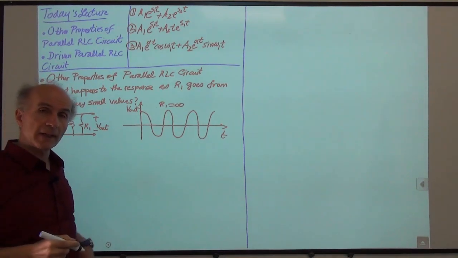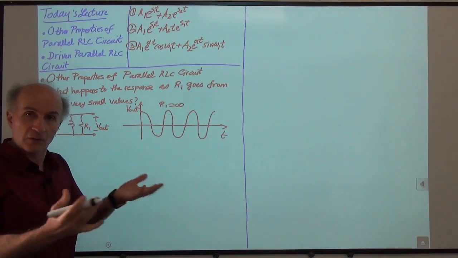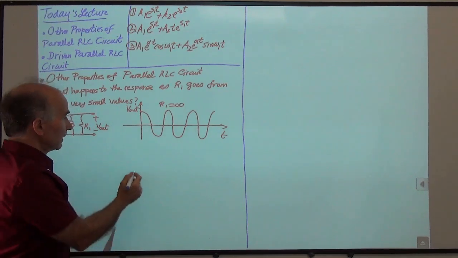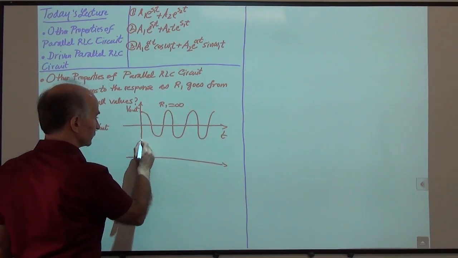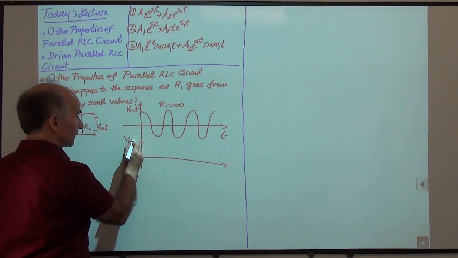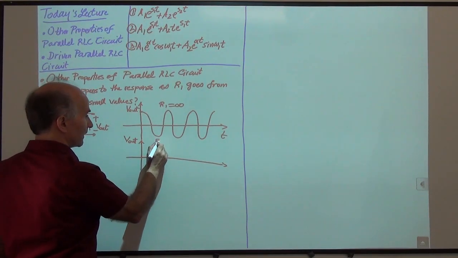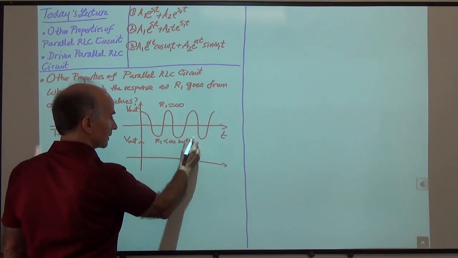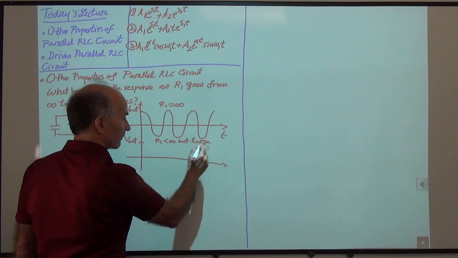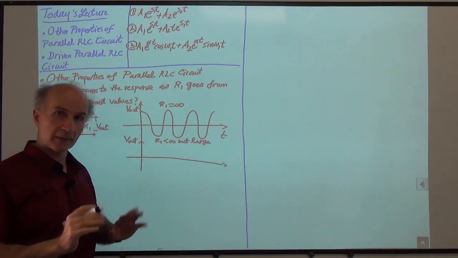All right, now let's go ahead and reduce R1 from infinity, so now it's finite, some amount. So what we see is that in that case, R1 is less than infinity, but large. Now, of course, the term large has to be quantified, but that's okay.